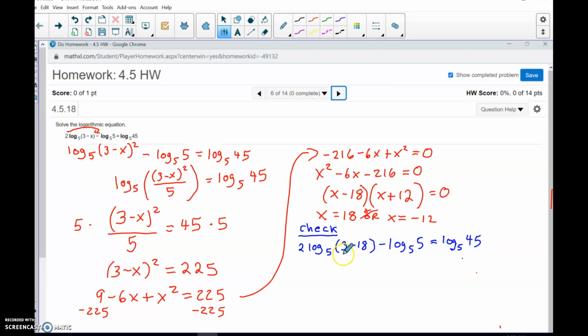All right, I said, why is that? Well, looking in this parenthesis, I'm trying to take the log of what's going to turn out to be a negative 15. And I can't do the log of a negative because it's not in the domain.